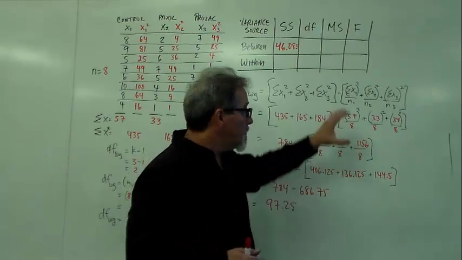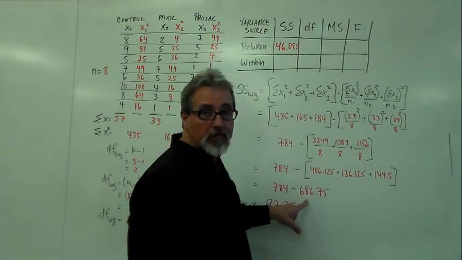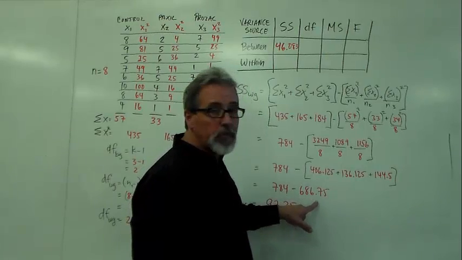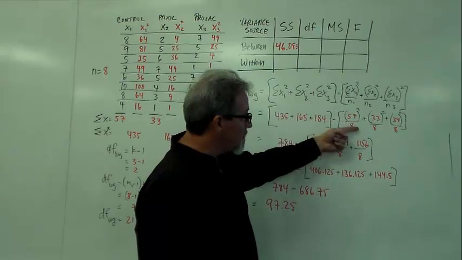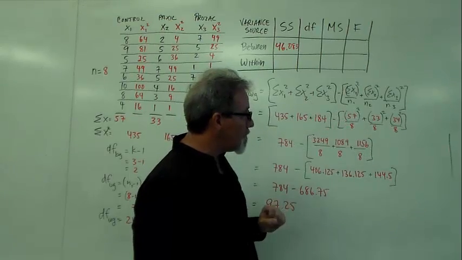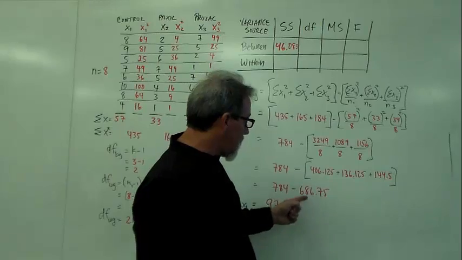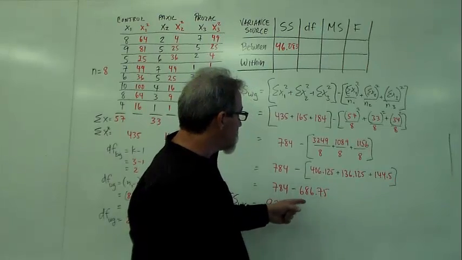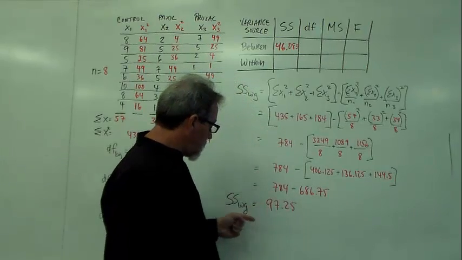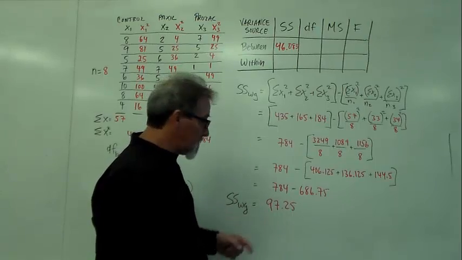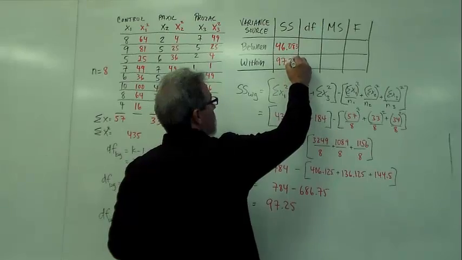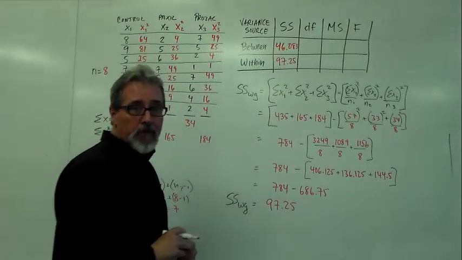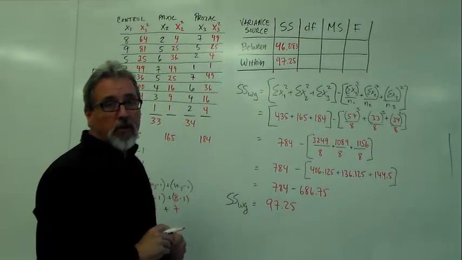So if you're smart, you just borrow that final answer that you got from sum of squares between, 686.75, and plug it in right there. We did it all out again, like we did just a few minutes ago. We plug in the sum of x's, we do the calculations, and we get 686.75. When we do this calculation, our sum of squares within groups becomes 97.25. So we can plug that right in there. Okay? Great, we did the hardest part of this equation.